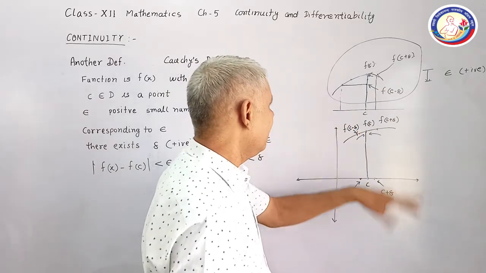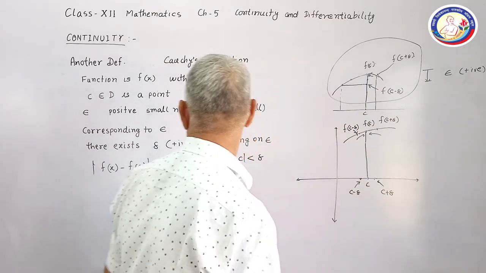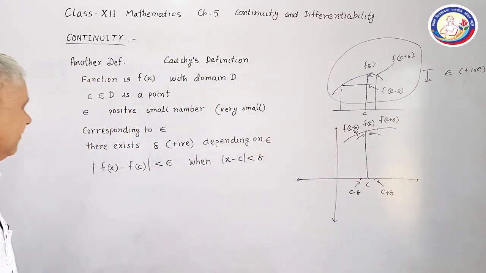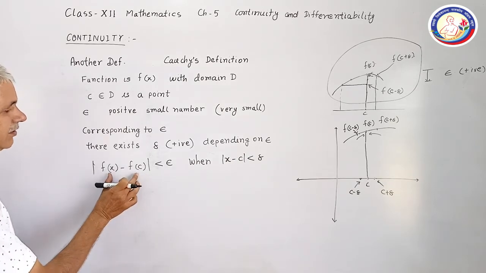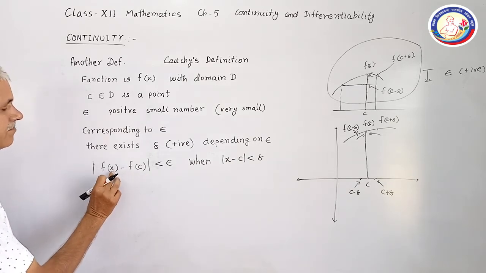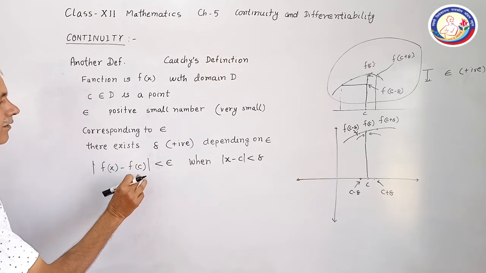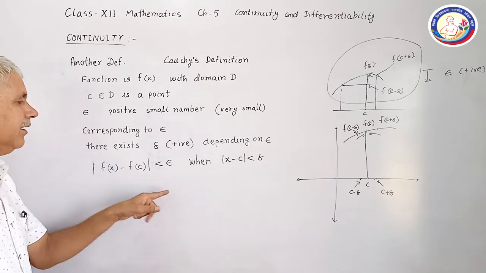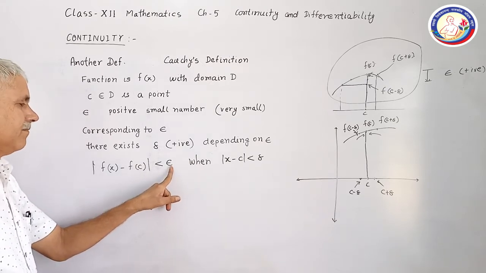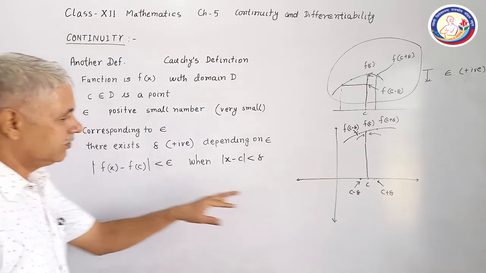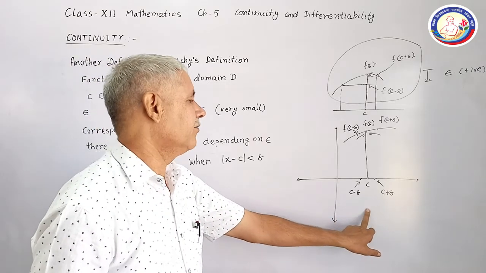We can make this difference less than epsilon. So this is the definition given by Cauchy.